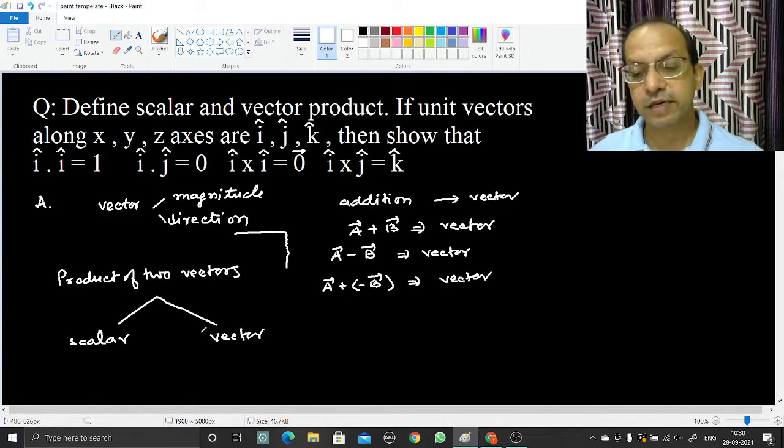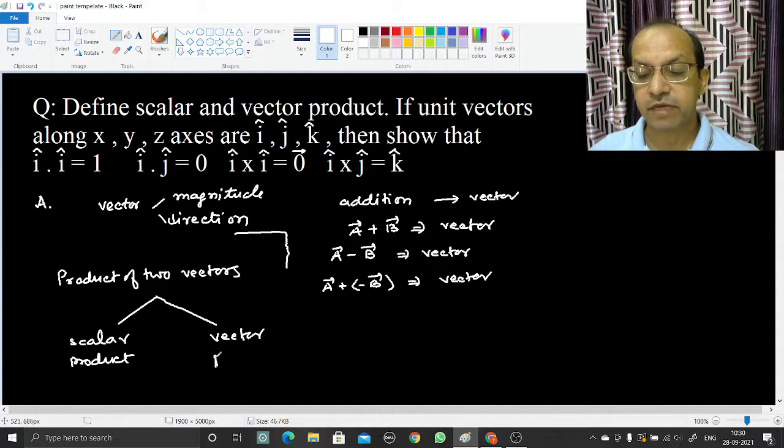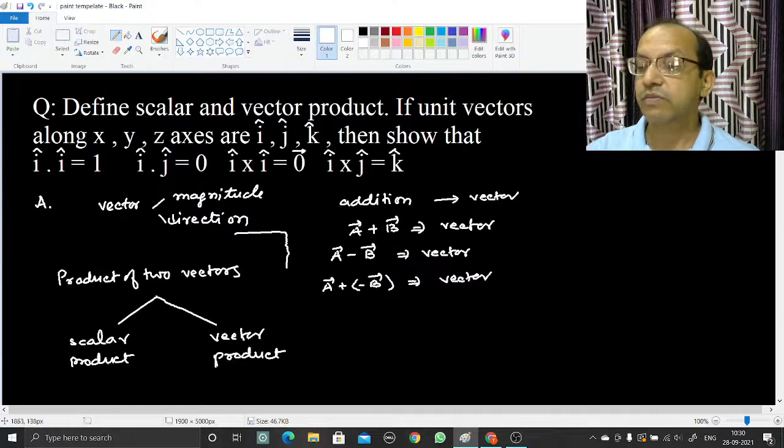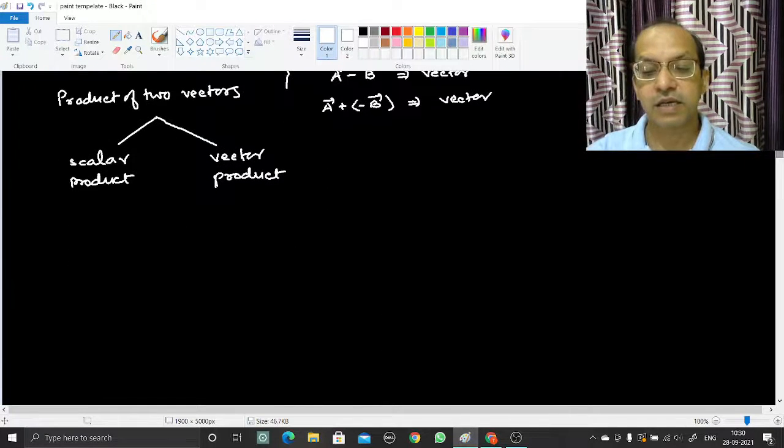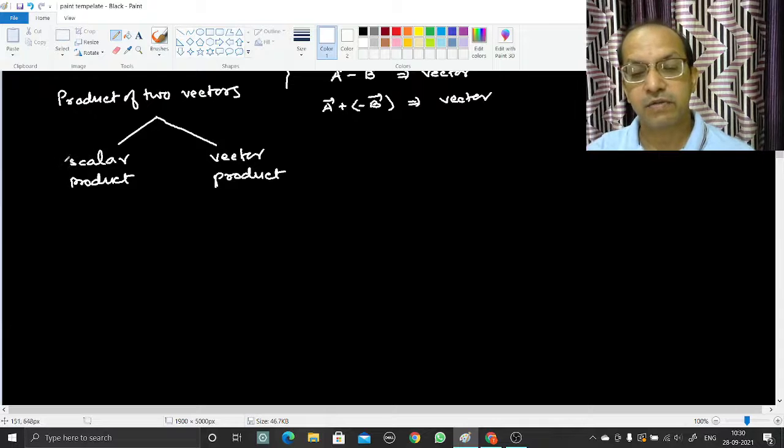So the product of two vectors can be a scalar product, whose resultant is scalar, and it can be a vector product, whose resultant is vector. We will call it a scalar product and we will call it a vector product. That means if the resultant quantity is a scalar, it will be a scalar product. If the resultant quantity is a vector quantity, it will be a vector product.